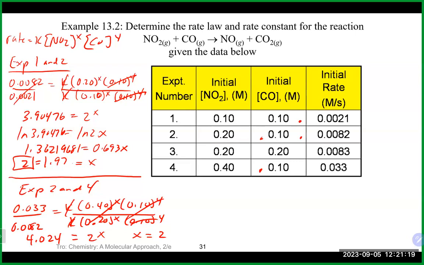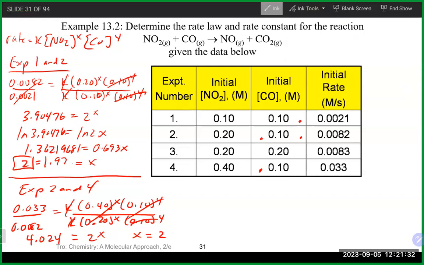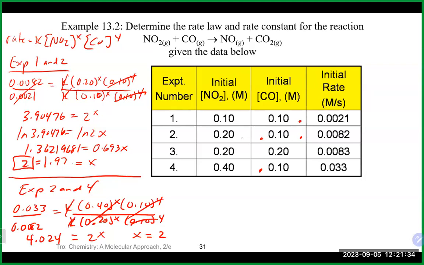All right, so depending on whichever way you chose there, our order with respect to our NO2 is going to be second order. We're now going to go back to our table and keep NO2 constant. In this case, there is only one option to do that, which looks like experiment 2 and experiment 3. So doing our math here for experiment 2 and 3, I'm going to put experiment 3 up on top.